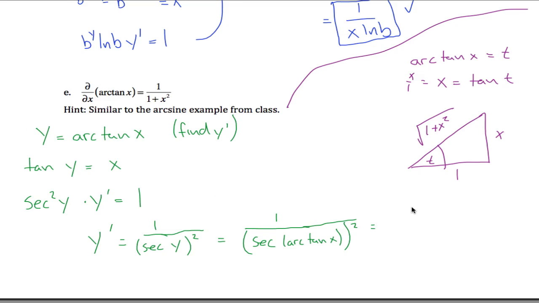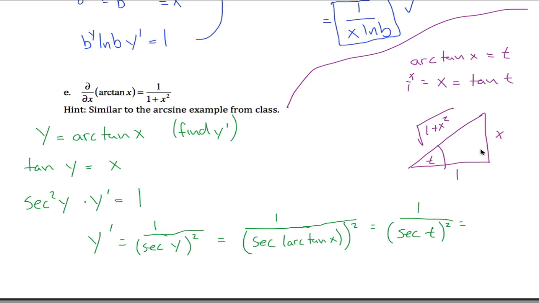Over here we're saying that what we want, y prime, is 1 over the secant of arctangent of x, but arctangent of x is just t, so it's the secant of t, squared. And we can figure out what secant of t is by looking at this picture. Let's see, secant is 1 over cosine.